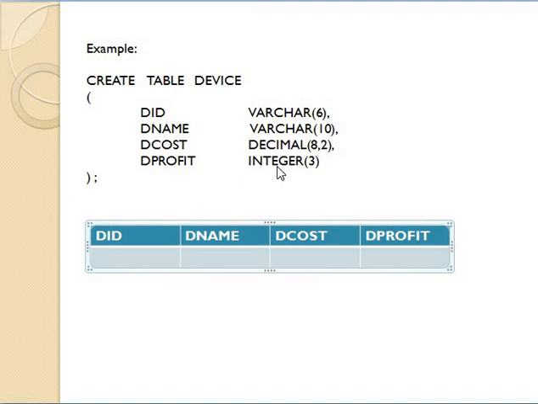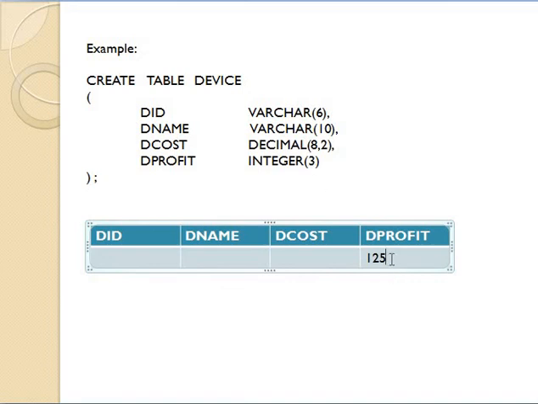So just supply an integer value for the column dprofit. So let me supply the value as 125. Now is this an acceptable value for the column dprofit? Yes, it is, because the total number of digits for this value is 3. Okay, and since the maximum allowed limit is 3, this is acceptable.